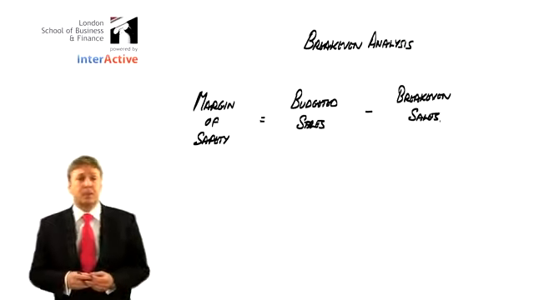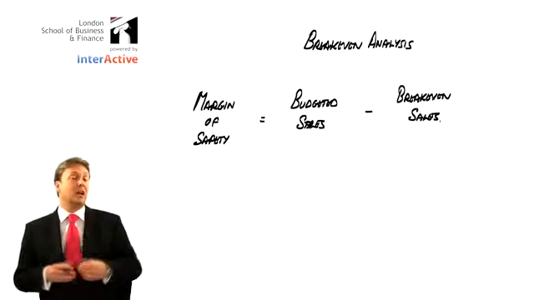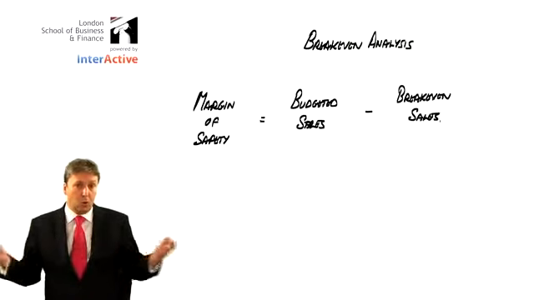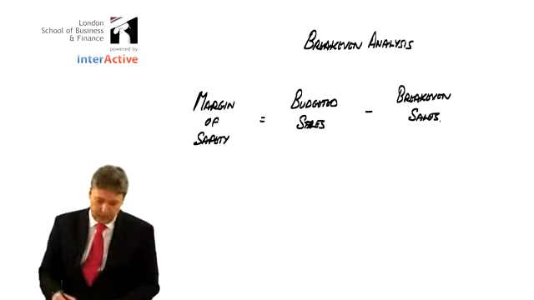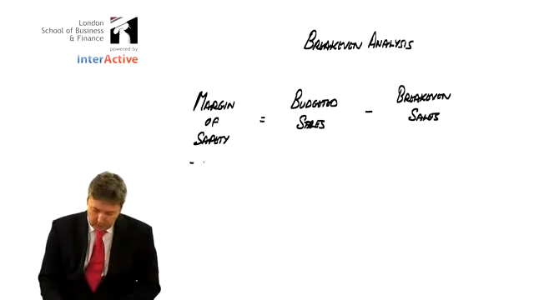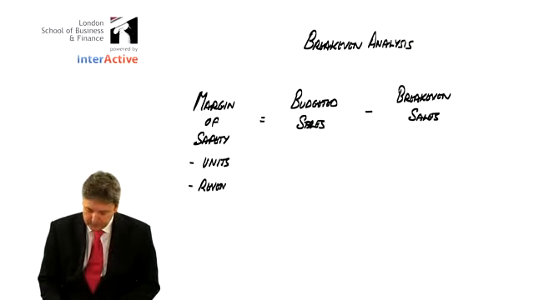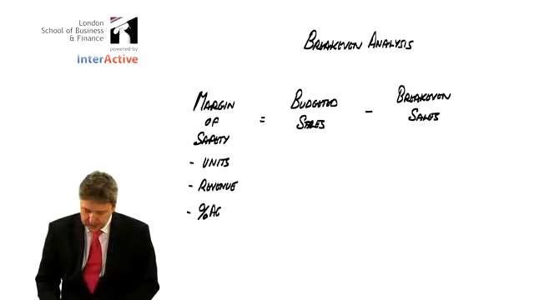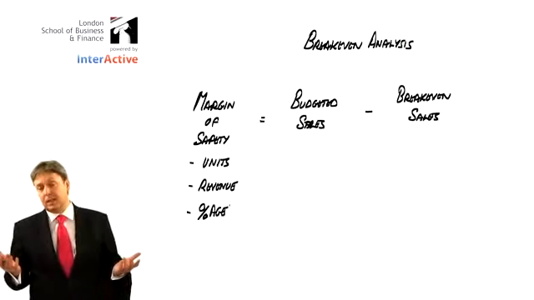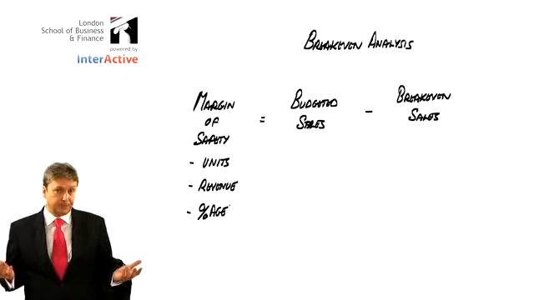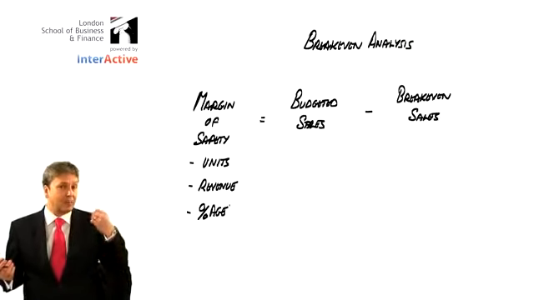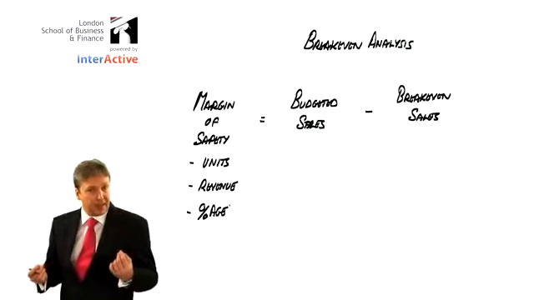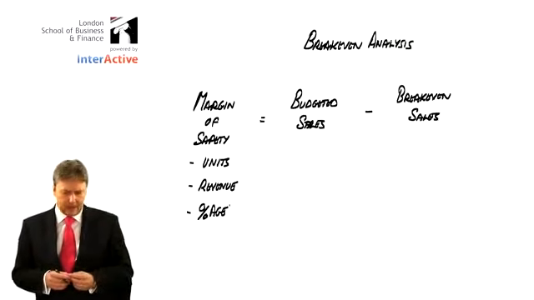And I suppose in absolute terms it could be expressed in either units or in revenue or value terms. So the margin of safety could be in units, could be in revenue, or as a percentage. And if we were to calculate the margin of safety as a percentage, we would take it as a percentage of the budgeted value, just to remind you of that fact.